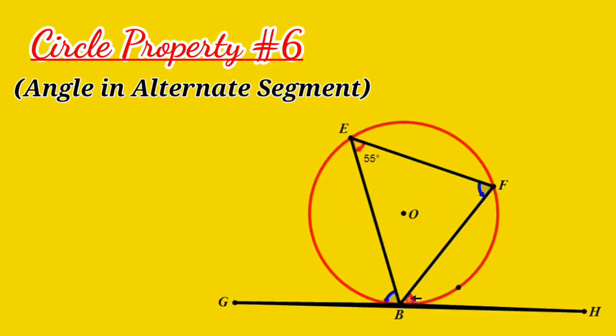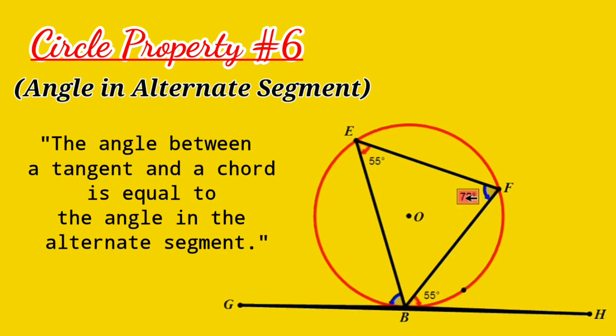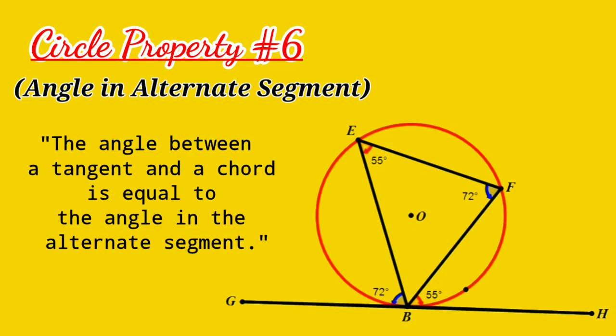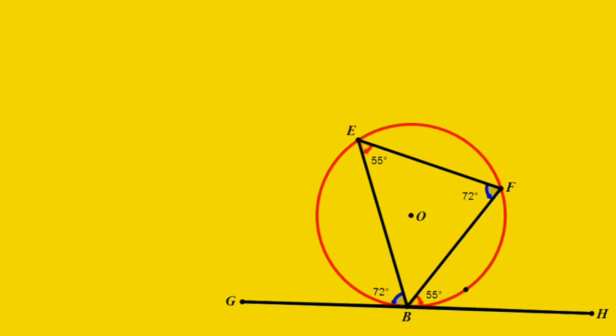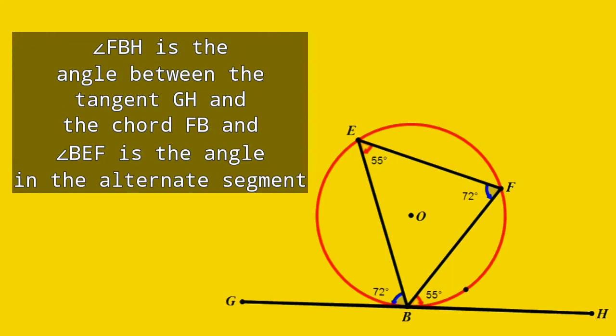Circle property number 6, angle in alternate segment. This property states that the angle between a tangent and a chord is equal to the angle in the alternate segment. Let's prove this property using this figure. Angle FBH is the angle between the tangent GH and the chord FB, and angle BEF is the angle in the alternate segment.